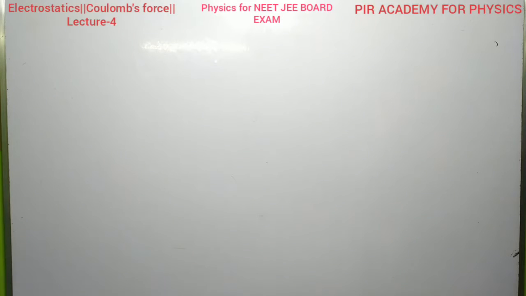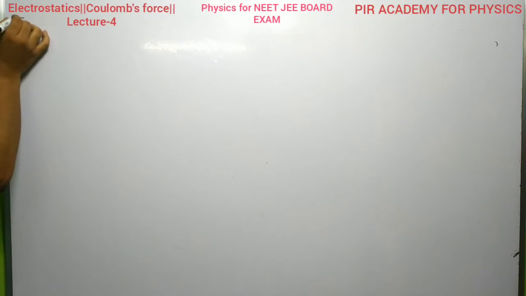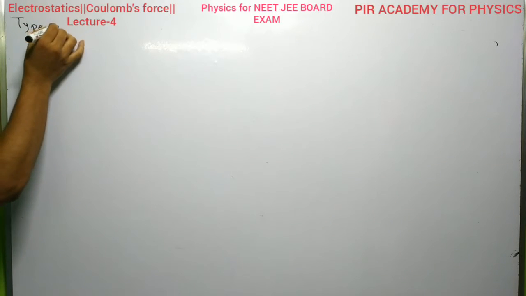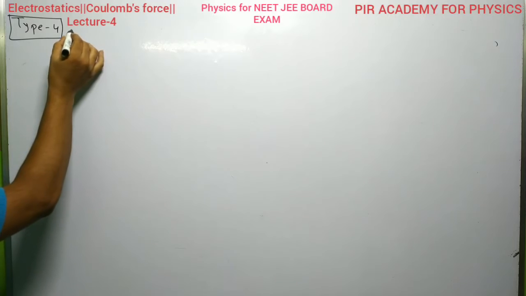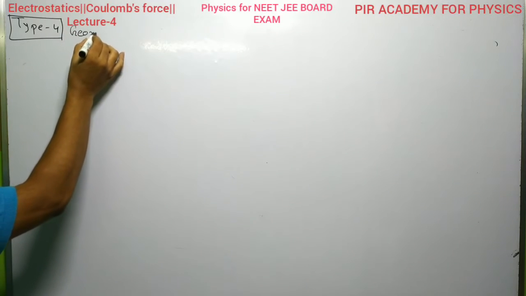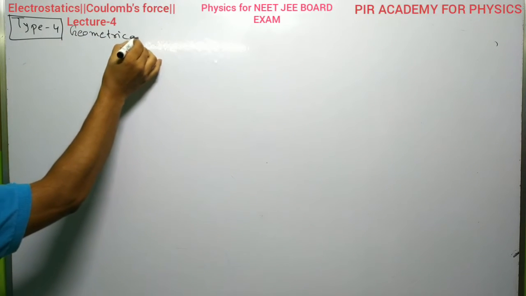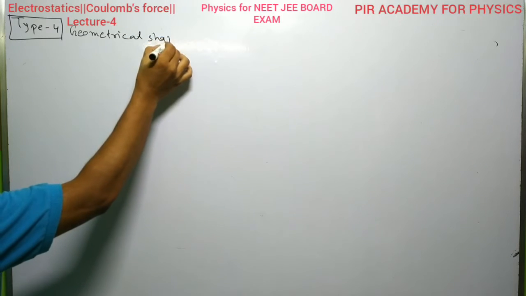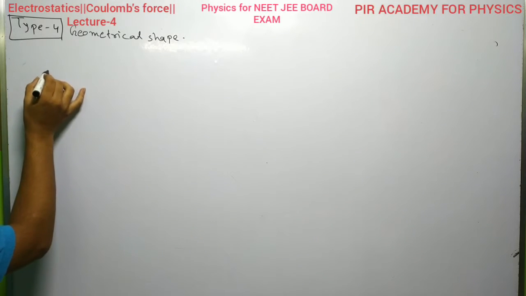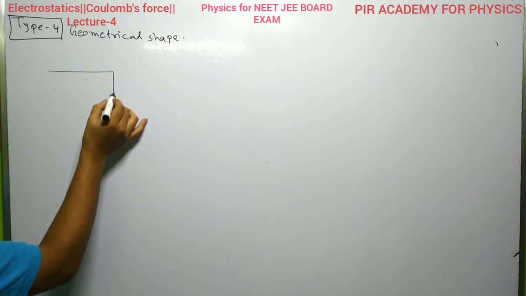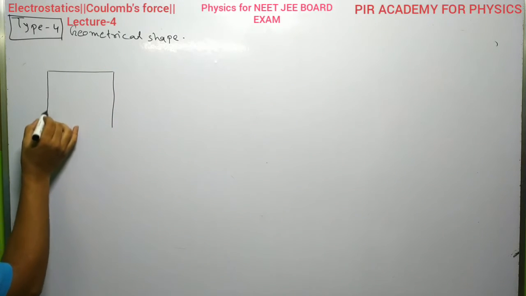Now type number 4, that is type 4. Type 4 is geometrical shape. When charges are distributed in various geometrical forms, then you have to find out the total force on another charge.